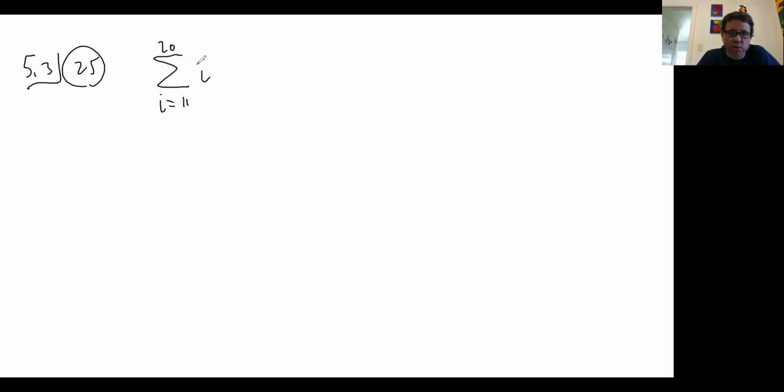What I do with those numbers is plug them into the pattern. The pattern is 11 is the first one, I just put in 11, and then 12 and 13 and all the way down to 20. And yeah, you could just add them up, but that's defeating the purpose.